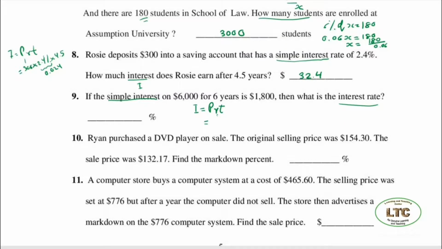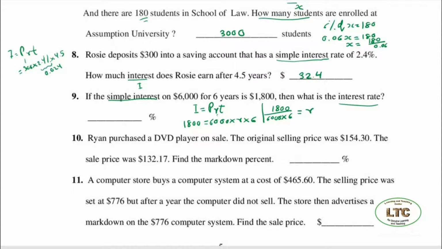Okay, so 6,000 is principal. R is unknown. R percent, yeah? T is 6 years, interest 1,800. So if you divide both sides by 6,000, you get 1,800 over 6,000 on the left, R is left.